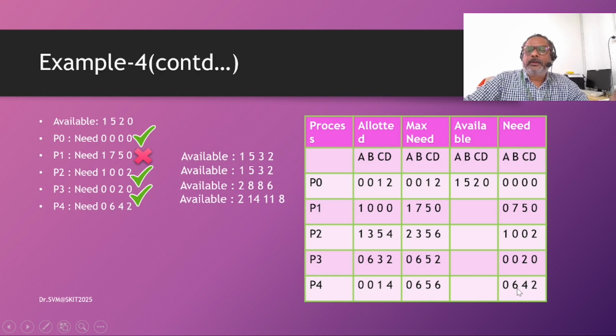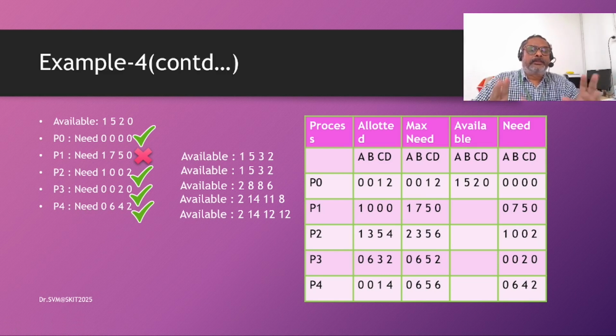Let us check, can we proceed with P4? What does P4 require? 0642, so 6 yes available, 4 yes available, 2 yes available, therefore we can continue with P4 by allotting 6 instances of B, 4 instances of C and 2 instances of D, and once these are allocated, then all the required resources are now with P4, therefore P4 can comfortably continue its execution and complete its work, and once its work is done, it will release the resources it was holding.